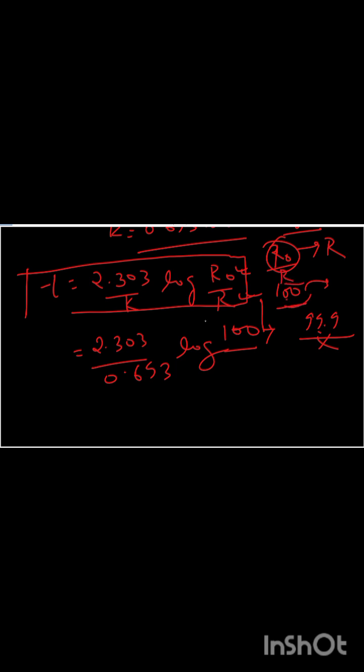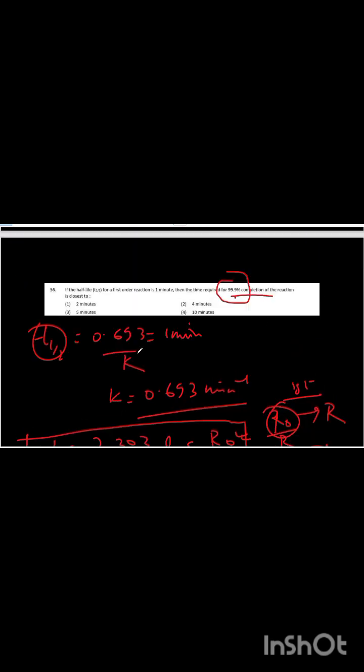So if in 100 gram 99.9% have reacted, the R left is 0.1. That is, initially it was 100. If 99.9% of R has reacted, then how much will remain? 0.1 only.